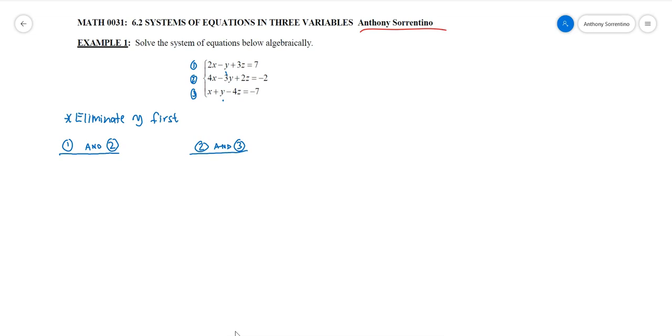variable. And so if I take the 2x minus y plus 3z equaling 7, and the 4x minus 3y plus 2z equaling -2, and I make that my system. Well, for me to eliminate the y's, I want to get the same number in front of the y's with opposite signs.